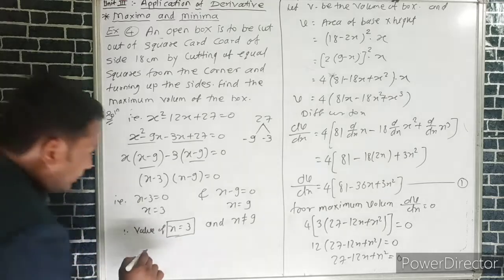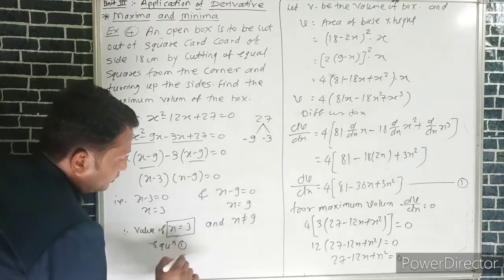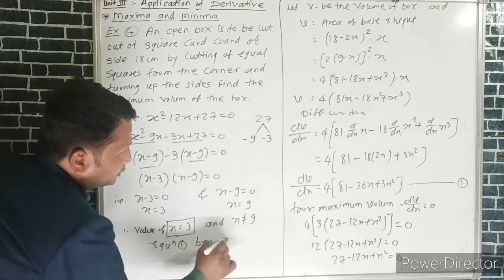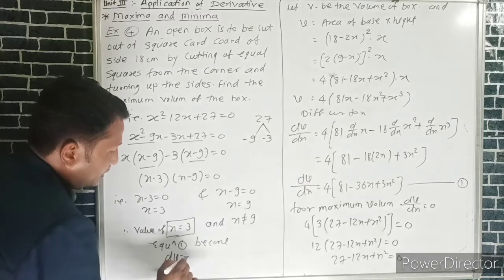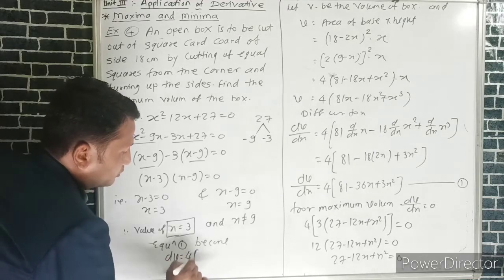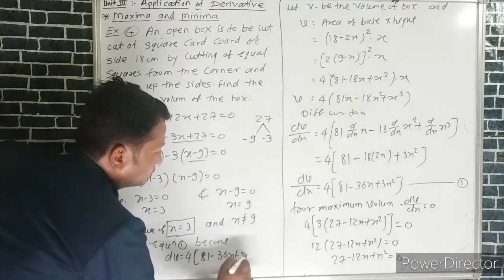So if we differentiate equation 1 with respect to x, then we get dV upon dx equal to 4 into (81 minus 36x plus 3x square).